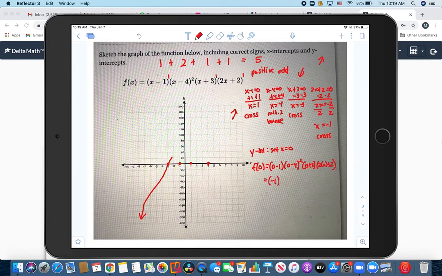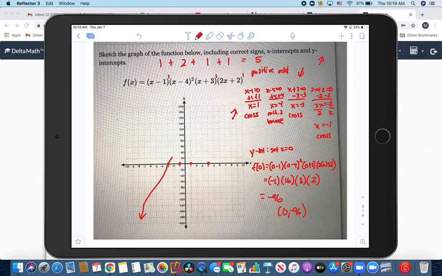This is -1. -4 to the second power, you guys, is a positive 16. That's just the 3. And that's going to be 0 plus 2 for just a 2. So -1 times 16 times 3 times 2. I believe that is -96. So our y-intercept is (0, -96).